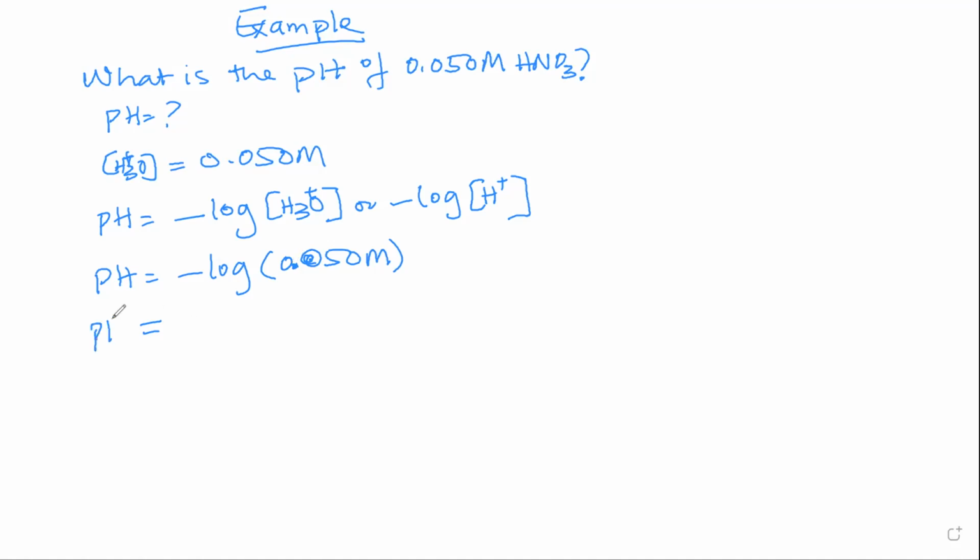The pH will be equal to 1.3. So this is the pH of 0.050 molar HNO3.